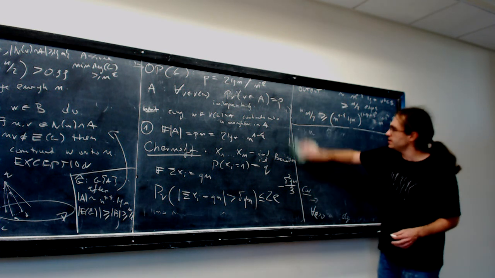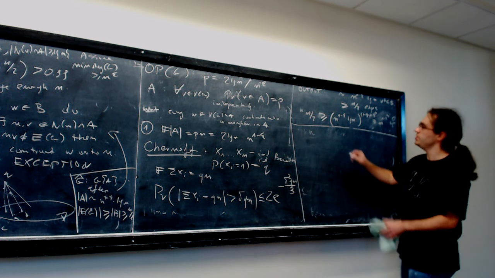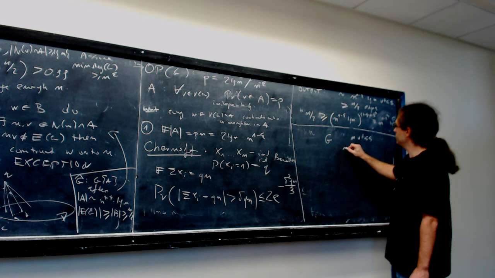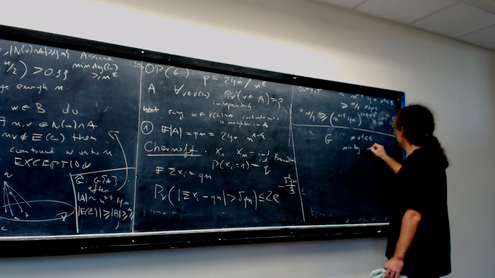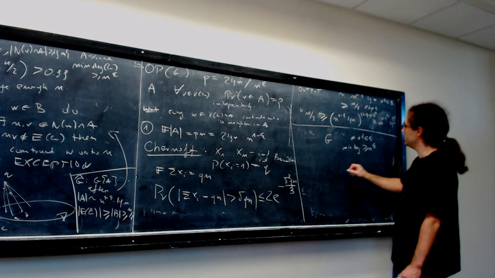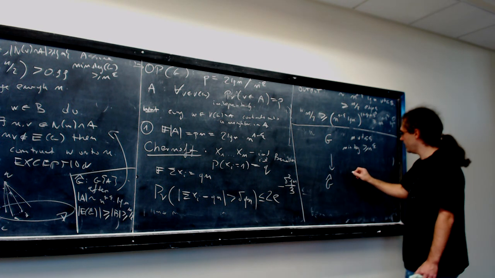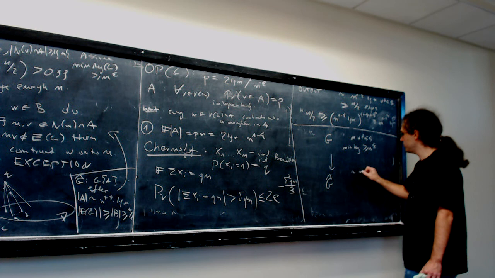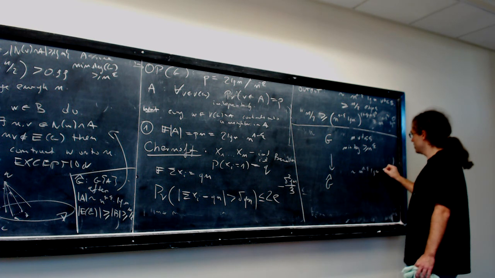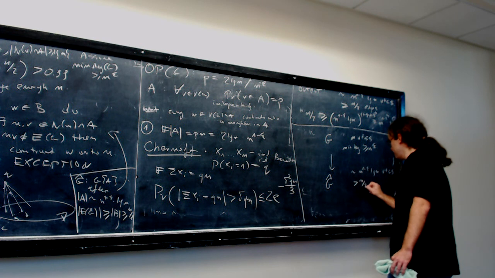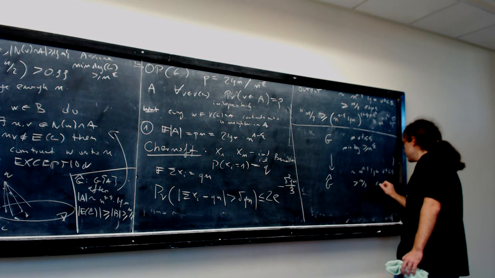What we gained here: we started with a graph G that had n vertices and minimum degree n to epsilon, and got G hat, which had roughly n to the 1 minus epsilon log n vertices and at least n over half edges.